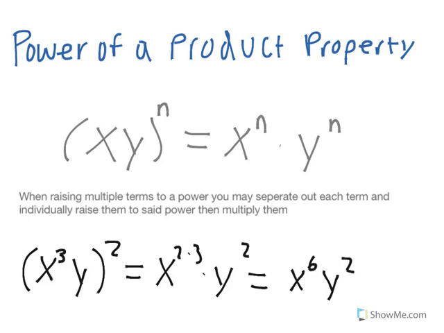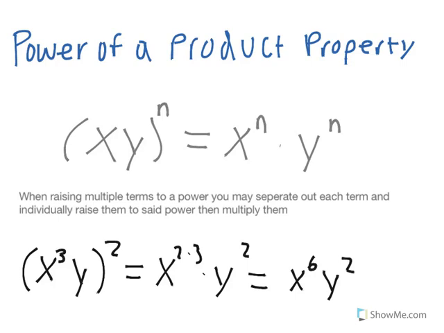Okay, power of a product property. This means you can separate 2 variables like so. When raising multiple terms to a power, you may separate out each term and individually raise them to the said power, and then you can multiply them together. So if I have x times y to the n, I can separate that into x to the n times y to the n.